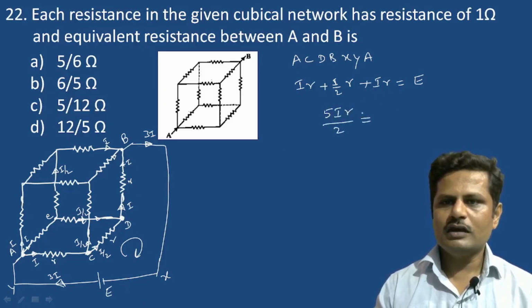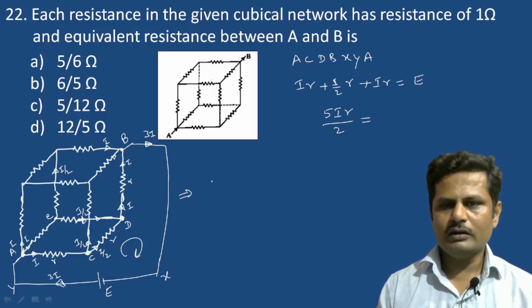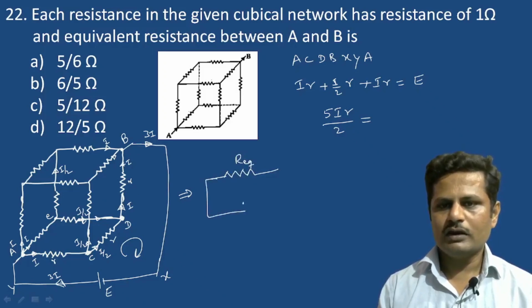So this E can be written as follows. Suppose we convert this whole circuit into an equivalent circuit with equivalent resistance R equivalent, connected to the external source of EMF E, and the current we considered is 3I.